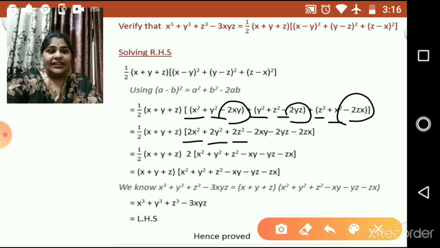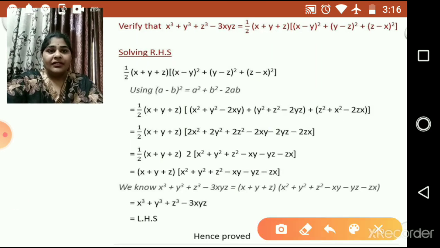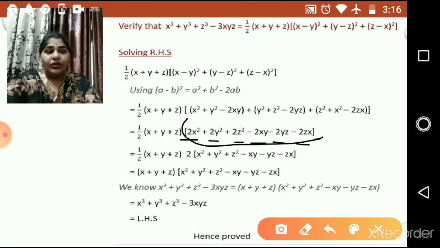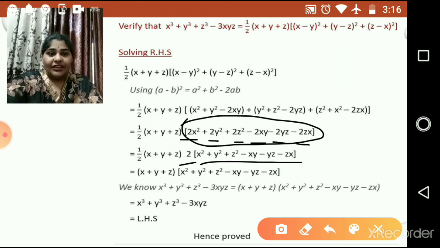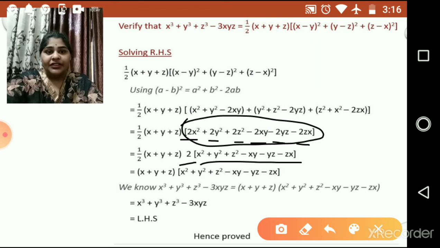Now in whatever we got, 2 is common. So from this whole bracket I have taken 2 outside common and the remaining terms as they are. Now if you see here, we have half, right?